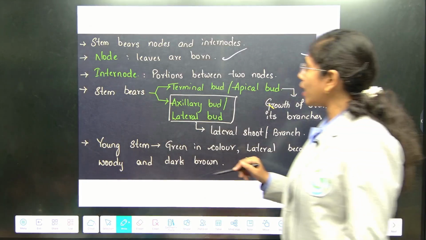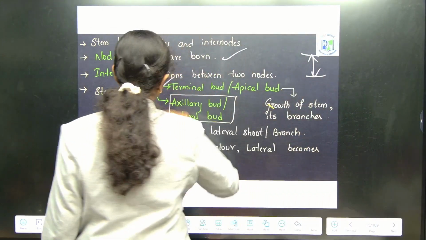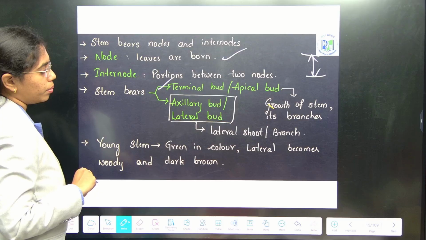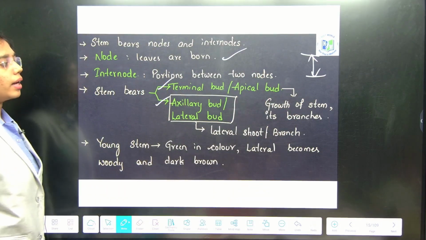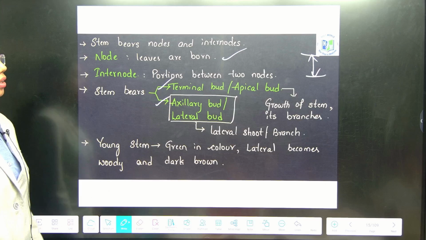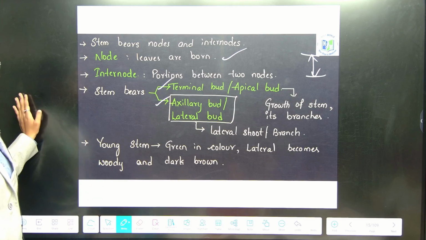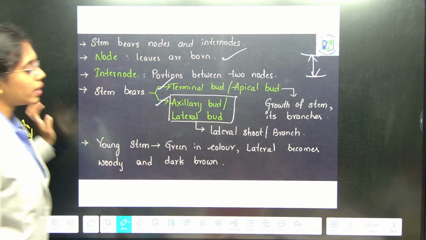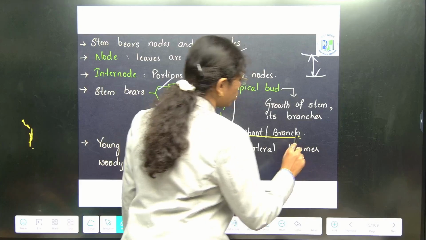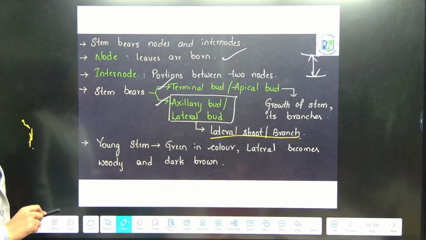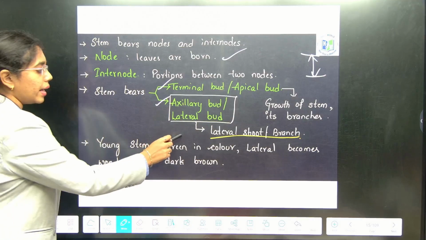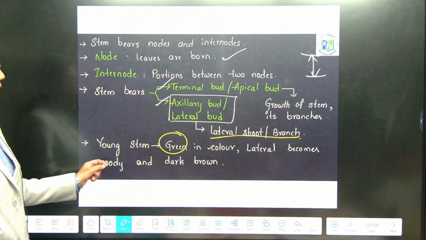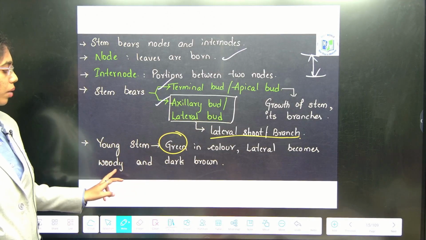Yes, the stem will bear two types of buds. First is the terminal or apical bud. Second is the axillary bud or lateral bud. From the apical bud, the growth of the stem and its branches takes place. Lateral buds will give rise to lateral shoots or lateral branches. Here, the young stem is what color? Green in color, and later it will become woody and dark.